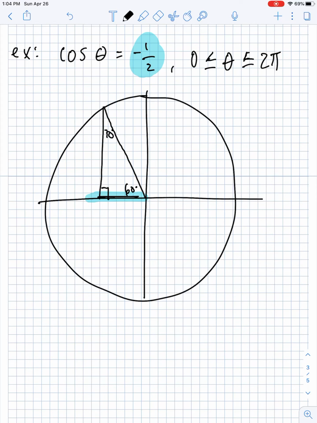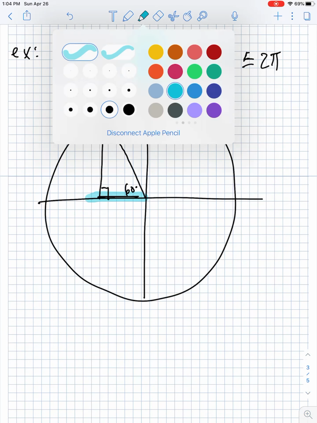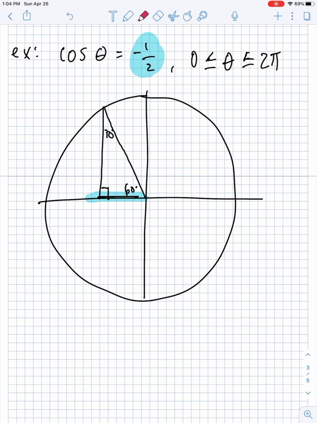Now, where the heck is that in terms of radians? Well, let's think. It's when you count by pi over 3s. Like, I'll use a different color here. So this is 1 pi over 3, and this is 2 pi over 3. Now, if you go 2 pi over 3, that means the base of this triangle is going to be negative 1/2.